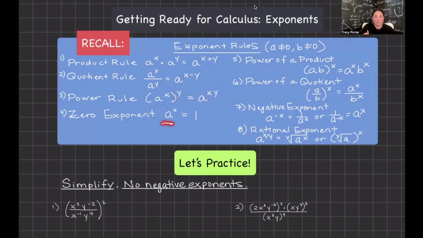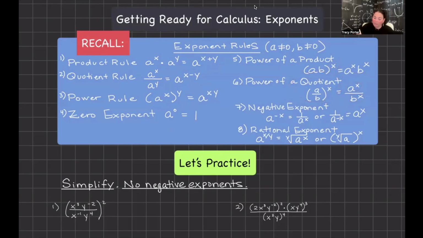Any non-zero number raised to the zero power is going to be 1. If you have the power of a product, you can think of this as kind of like distributing the exponent, right? You have to raise a to the x and b also to the x. Same thing for the quotient. a will be to the x power, b also to the x power.